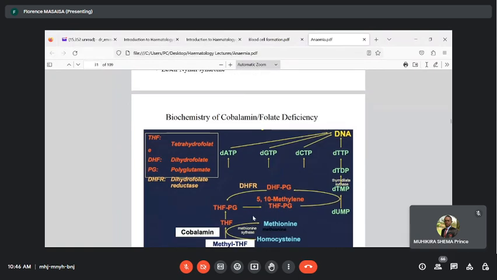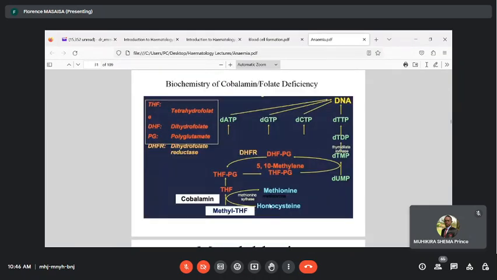So the cell matures by again having a huge size. This is just a calculating image showing the role of either cobalamin or folate deficiency, as they participate in the synthesis of DNA by transforming homocysteine to methionine.